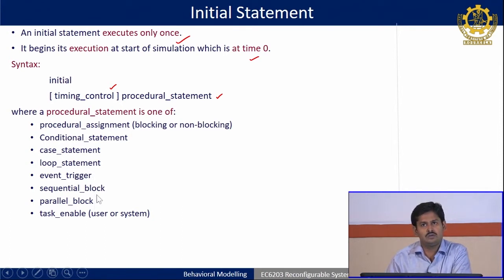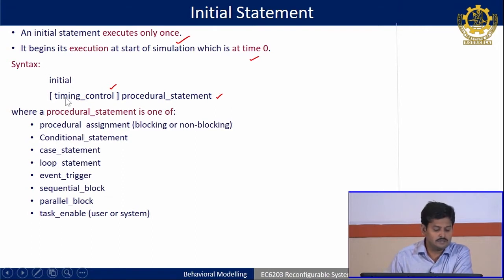The sequential block is used to execute statements one after another in a sequence, whereas the parallel block helps you execute them in parallel, meaning concurrently. Both constructs are supported in behavioral modeling. Finally, there are user defined tasks or system defined tasks like $monitor. Under procedural statement all these things we will discuss.